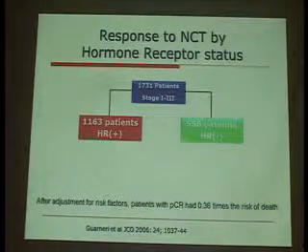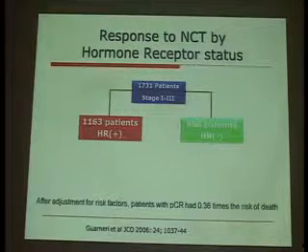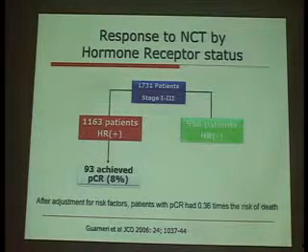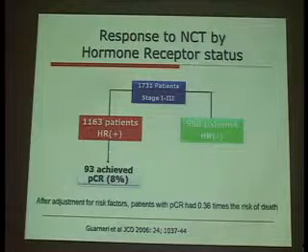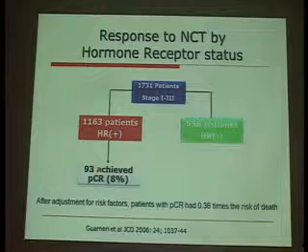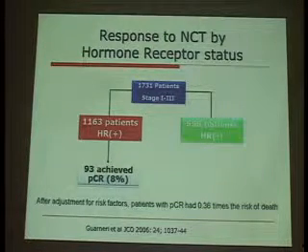Now, Guarneri looked at the experience in MD Anderson, 1,700 patients, divided them into hormone receptor positive and hormone receptor negative, and found that in hormone receptor positive, only 8% of the patients achieved a pathologic complete response after neoadjuvant chemotherapy.